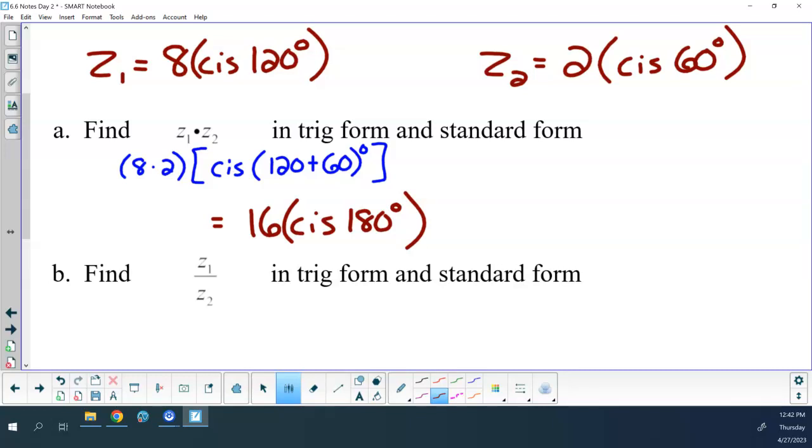Standard form of that would be cosine at 180 degrees is -1 times 16 is -16. Sine at 180 is 0 times 16 is 0.